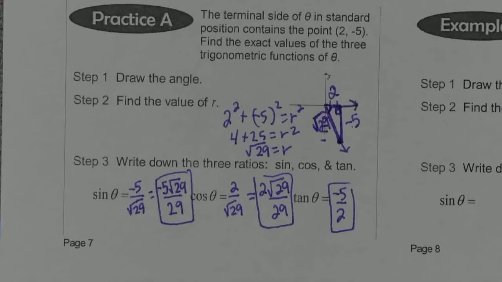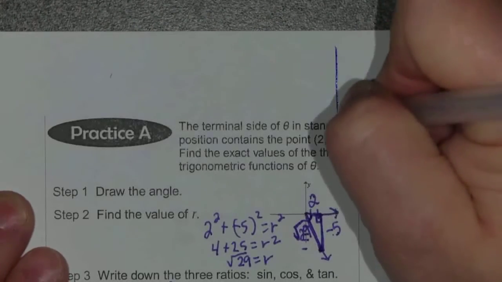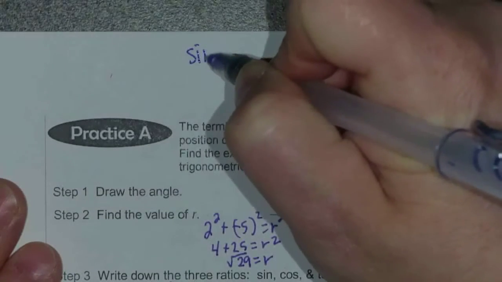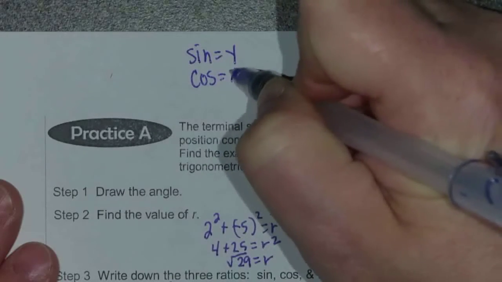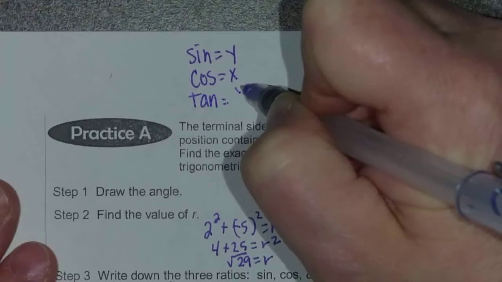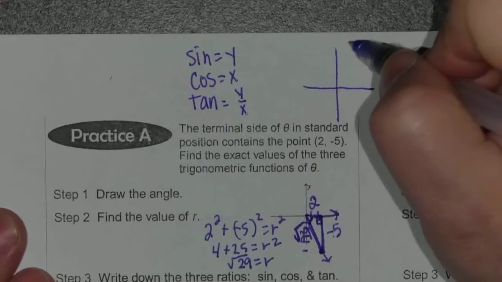Don't change it to a negative 2.5. Okay, I want to bring something up here with you before we go on any further. If I just told you that the sine is the y value, the cosine is the x value, and the tangent is y over x, do I know which signs they should have according to which quadrant they're in? So tell me this over here.